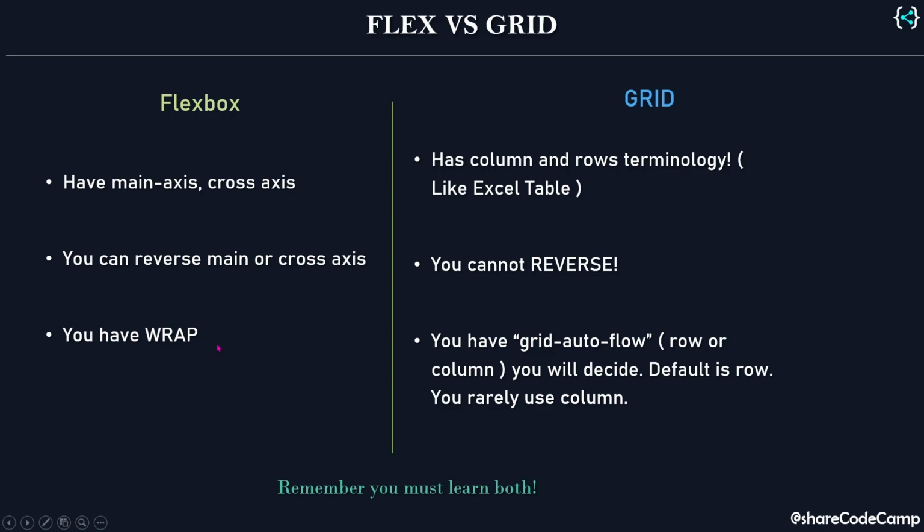They are different. We have wrap because it makes things easy for Flexbox. But in Grid, we also have grid auto flow, which we'll cover in detail. Basically, instead of creating rows, we can change this behavior to create columns. We rarely use columns, but there are times that it's really useful.